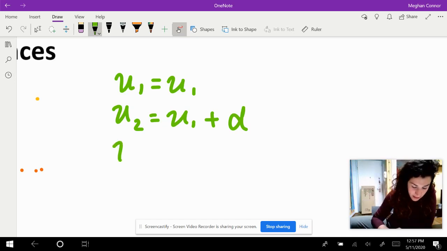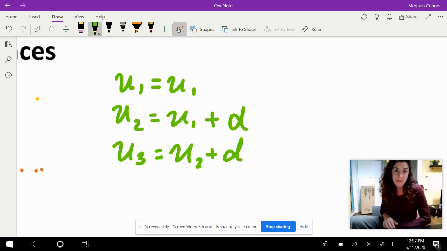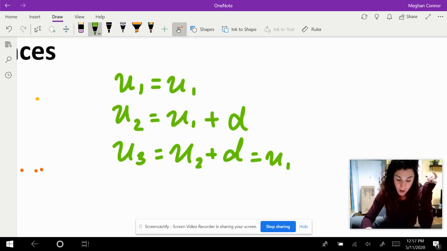Continuing that pattern, u sub 3 is your u sub 2 plus the common difference. But we already have a definition for u sub 2. U sub 2 is u sub 1 plus d.